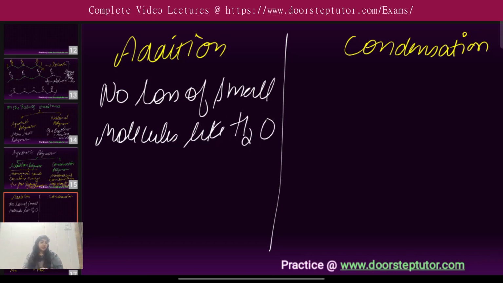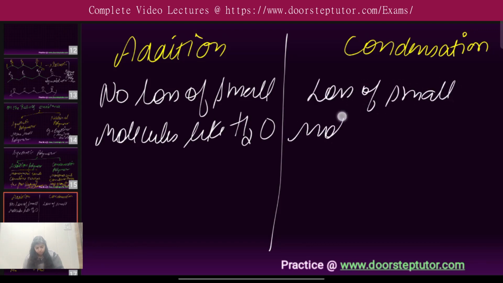In the condensation there is going to be a loss of small molecules. When the monomeric units combine, there is a loss of smaller units such as water.